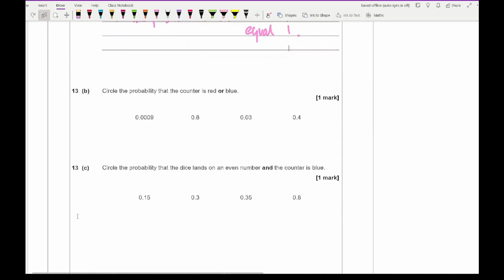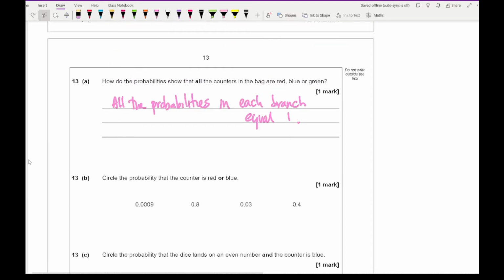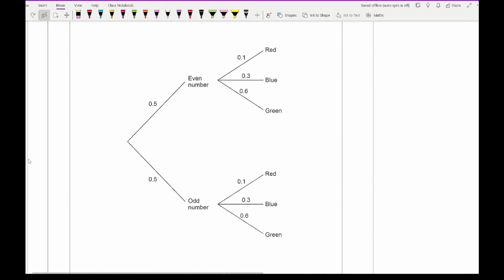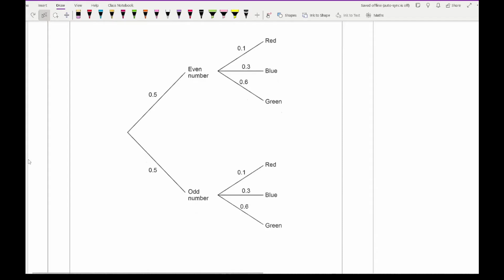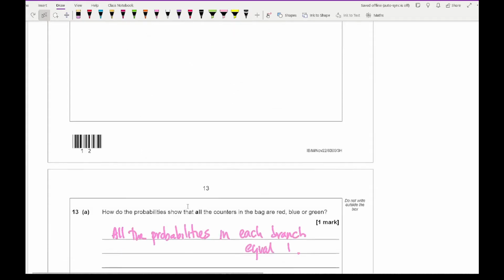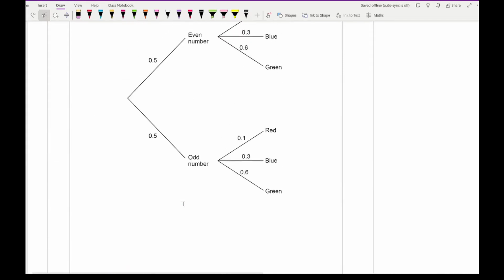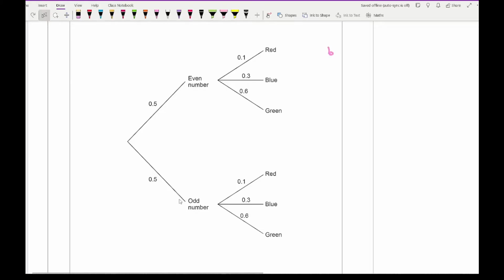Then moving on to question 13b, it says circle the probability that the counter is red or blue. The probability that it's going to be red or blue is basically we can either have odd or even. Going back to the tree diagram, if I just write B, we want red or blue.